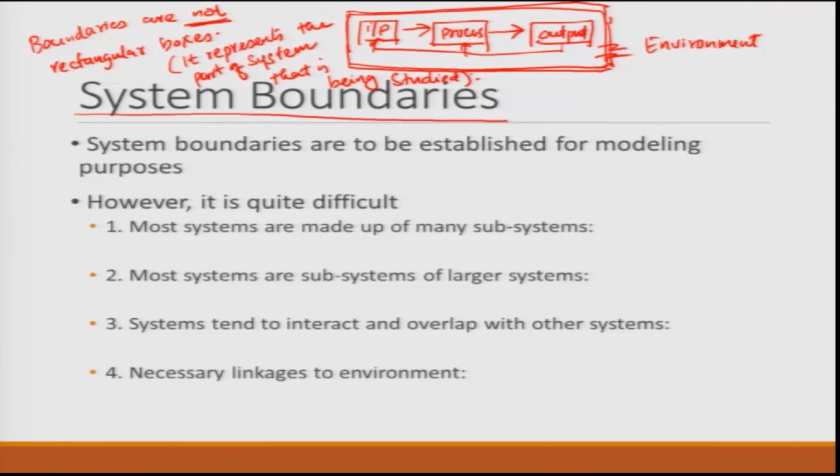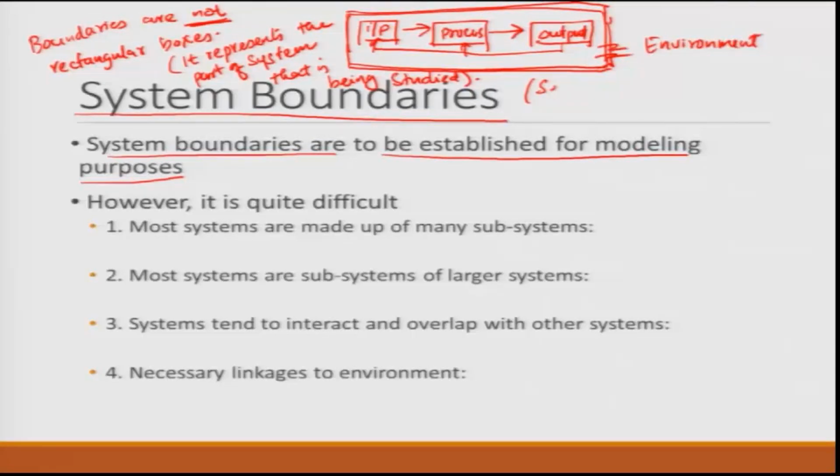So, the major reason why we do the boundaries, why are system boundaries used? They are used to establish for modeling purposes, because when you are modeling, you do not want to study the entire system, you do not want to study the system and its environment, you want to focus your studies. So, system boundaries help to define or focus the study.